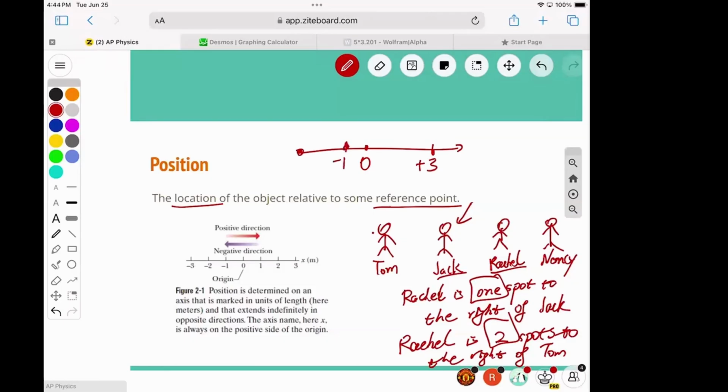So the signs will tell you if it's in the positive or negative direction, and the number will tell you how far away you are from the reference point or the origin. Okay, so all that is very straightforward. I don't think there's any confusion with that. So key thing to know, positions can be either positive or negative, indicating their relative position to what direction it is compared to the origin.